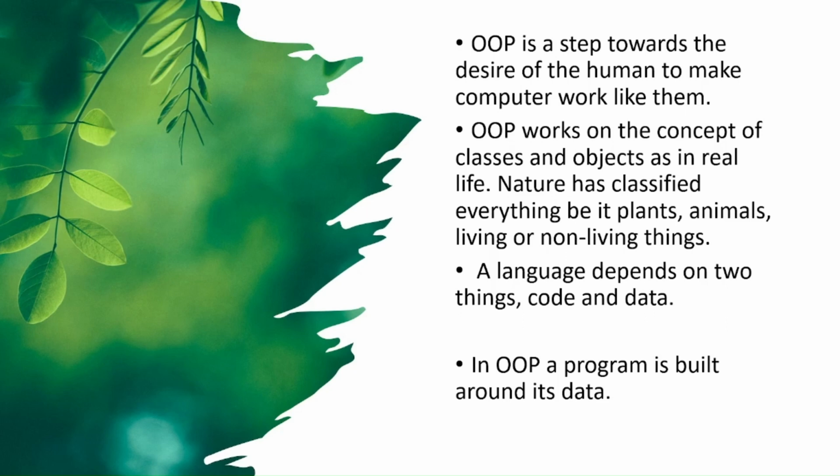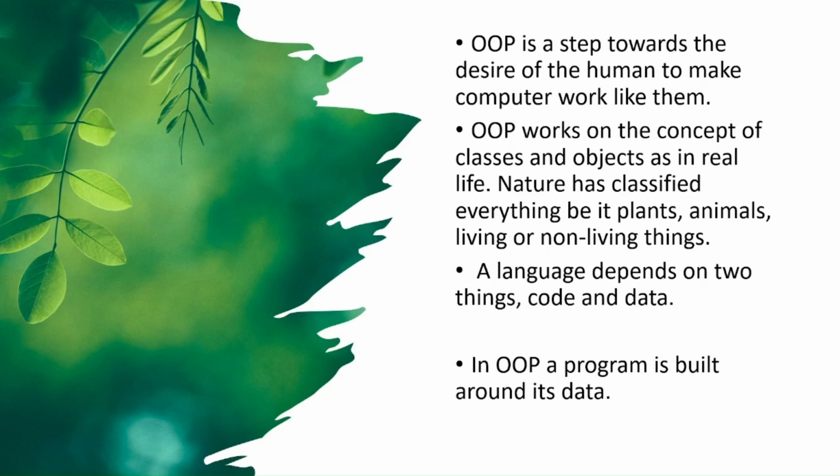So everything is classified in this world, and this is what leads to the concept of object-oriented programming. As we see around, the trees are classified, animals are classified. We have the plant kingdom, we have the animal kingdom, and just by looking at a tiger, I can make out, okay, this belongs to a cat family. Looking at the cat, I can say, okay, this particular thing belongs to a cat family, and the features we know.